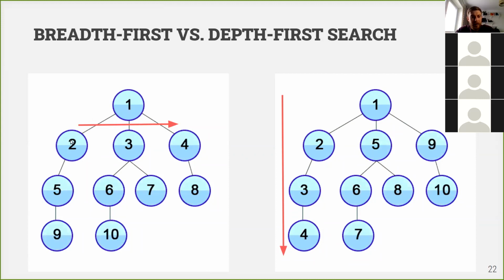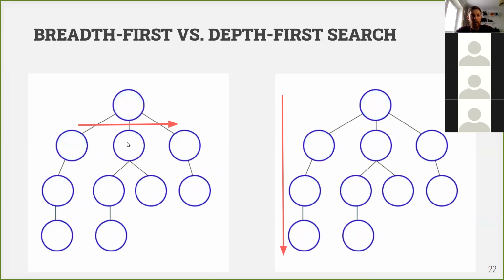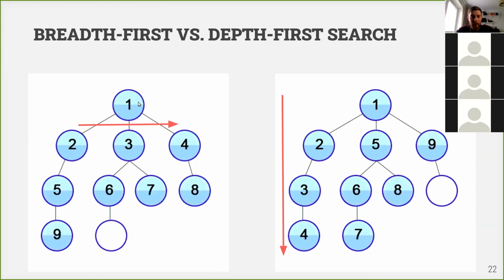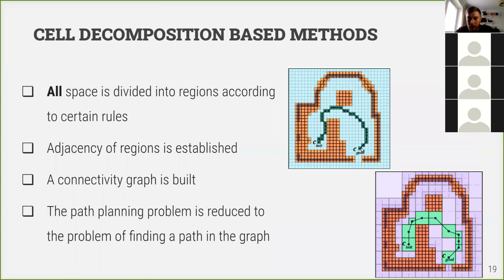And we first consider nodes on one level before moving to another. So if we are talking about this decomposition, imagine we are in C init and we have several nodes to move to first. We said that we can move upwards, to the right, to the left, and down, for example.